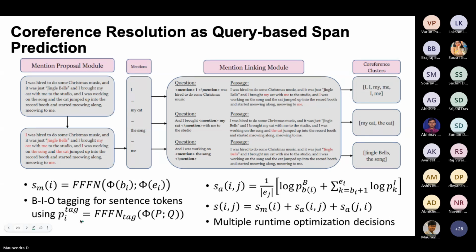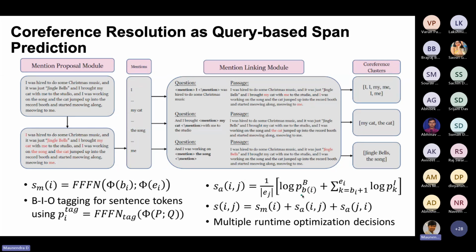Then they also used a BIO encoding to identify, for a span, where it begins and where it ends. Based on that also they have something. Some terminologies will be in there, so that by referring to the paper we can get them. And again, in the earlier work we had SMI, SMJ, and SAIJ. So SAIJ also they have here, which they compute using this. Here they make use of the BIO structure.